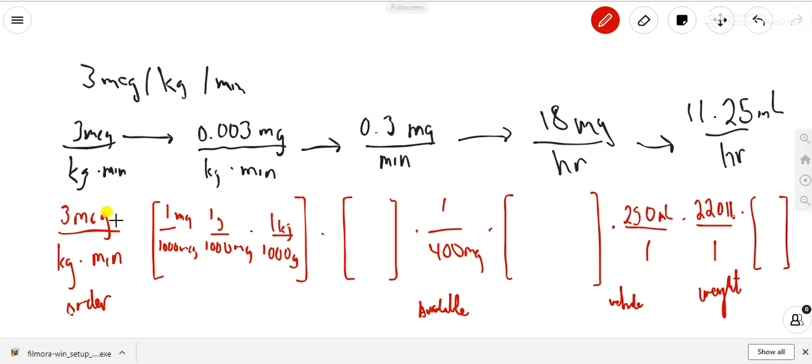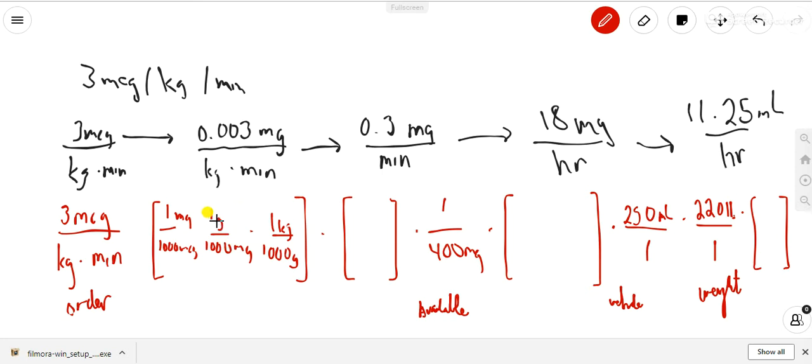So I draw my micrograms on the bottom so they can cancel out, and I'm converting first to milligrams. Now I need to change the milligrams to grams, so I write the milligrams on the bottom and my grams on the top, and now my milligrams can cancel out. There are 1,000 micrograms in 1 milligram and 1,000 milligrams in 1 gram.